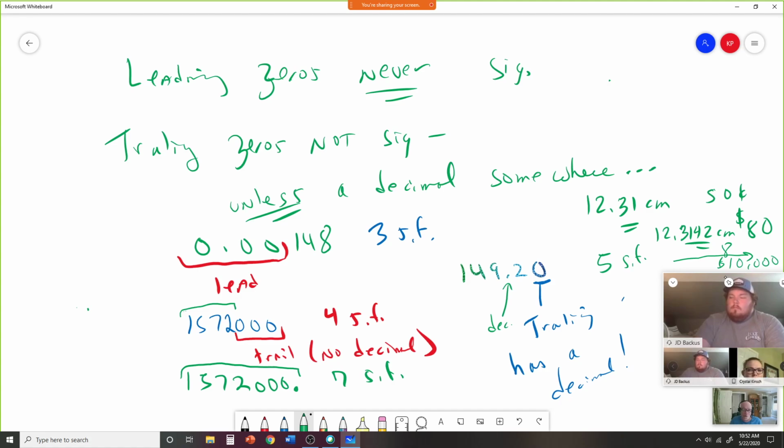So the reason you're not measuring over here all the way out to 7 significant figures probably just comes down to cost and how much effort. Is it worth it? If you go into the lab and you measure stuff, you have a choice between different scales.